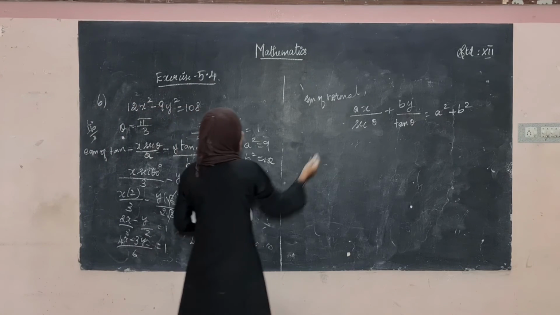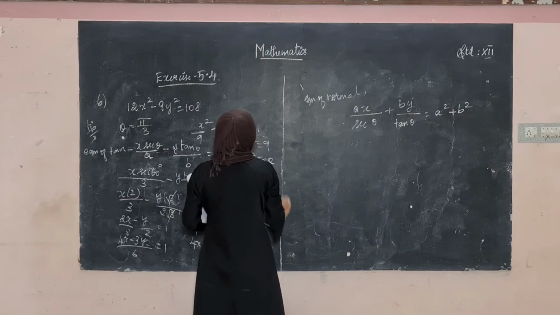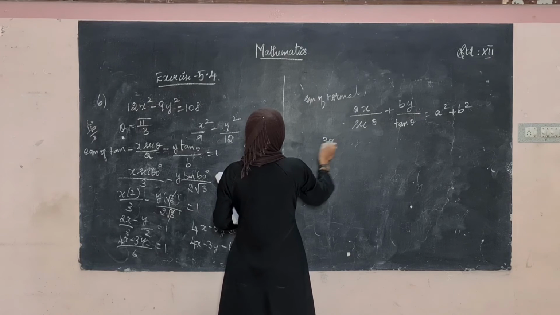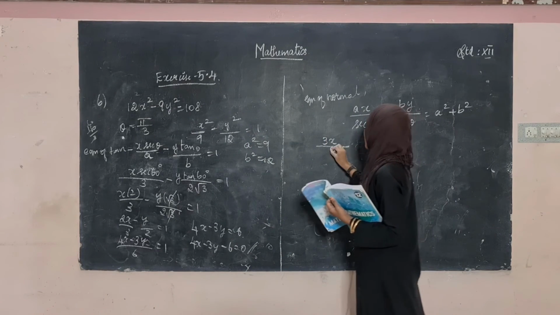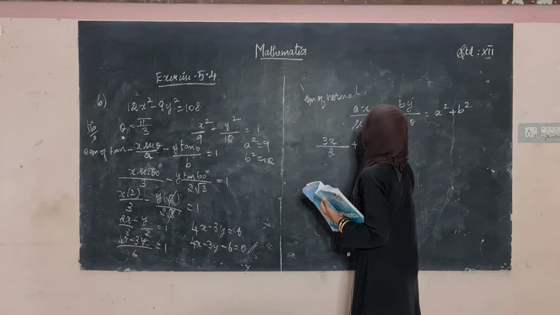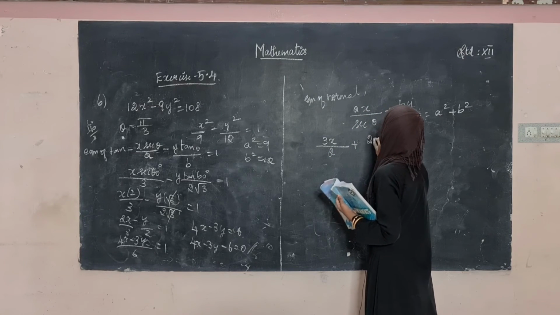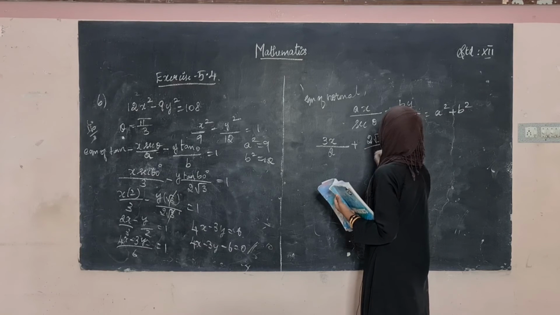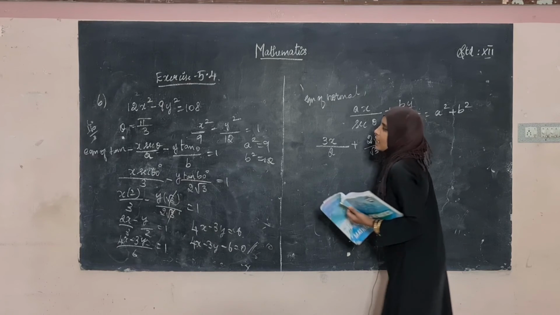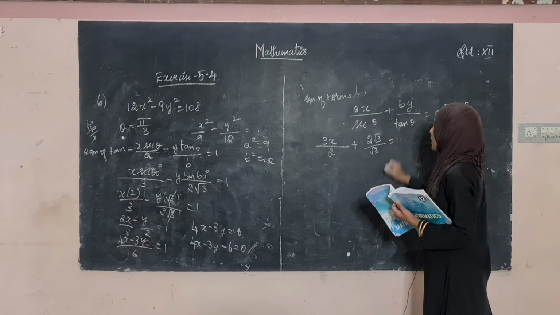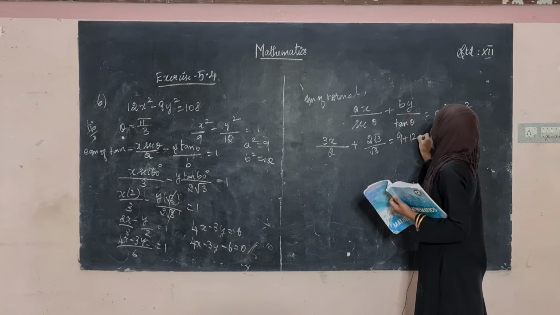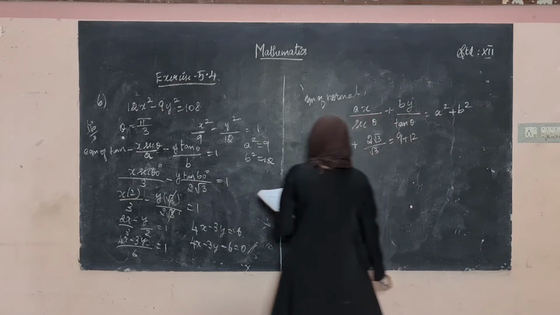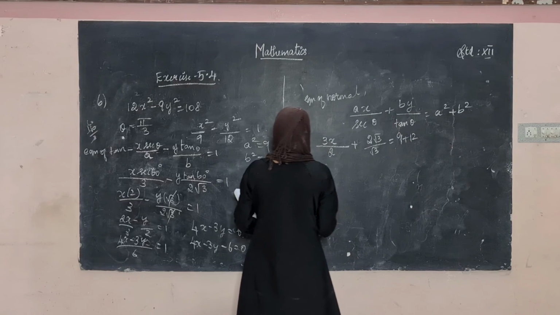Now shall we substitute? What is the value of a? A is 3, x divided by secant theta. Secant 60 degree is 2. Plus, what's the value of b? B is 2 root 3 divided by tan 60 degree, which is root 3, is equal to a square plus b square, which is 9 plus 12.